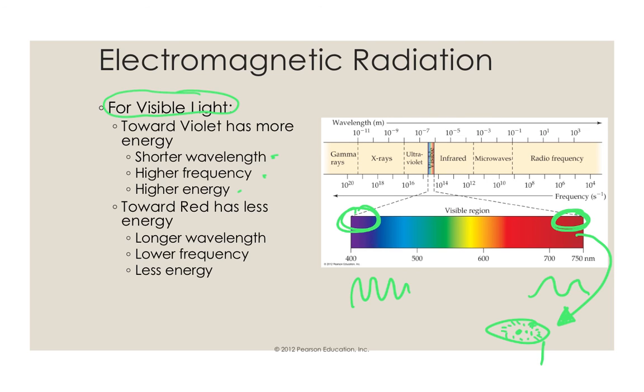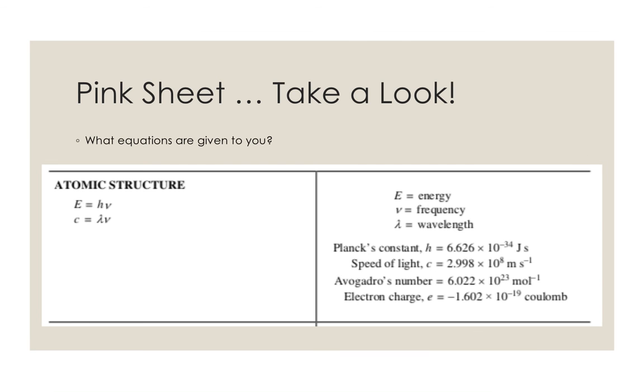Okay, but if you want to store more information on here, like a higher quality picture, you need to be able to get more information on this and thus have a higher energy laser that reads it. Well, how do you do that? You use something from the blue spectrum in order to read that. And that's why we have Blu-ray players, because they are reading more information using a blue laser. Fun fact for you.